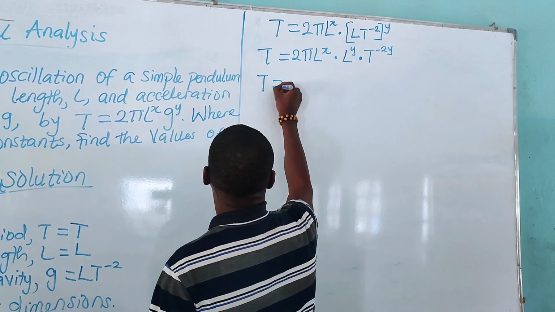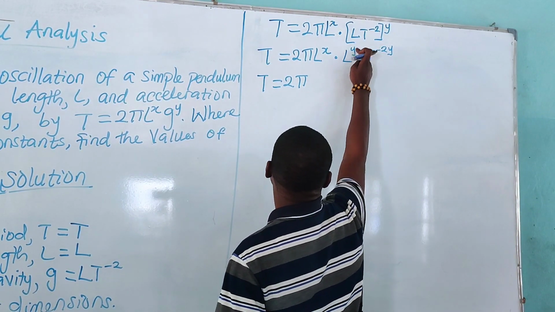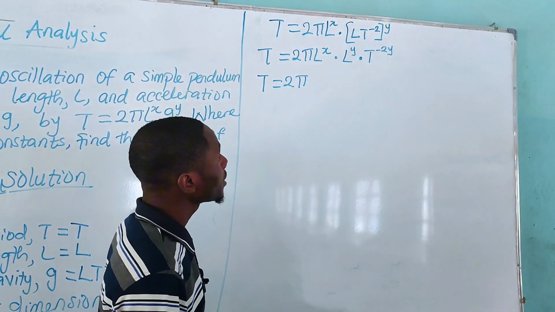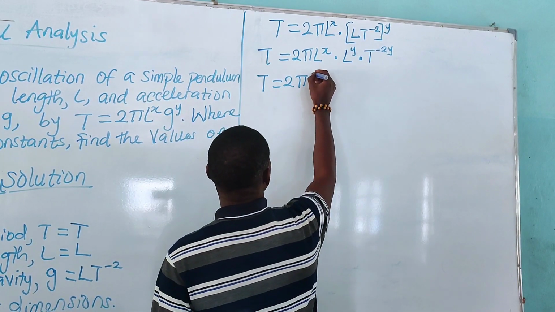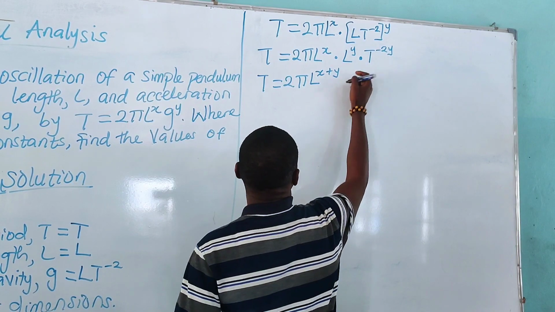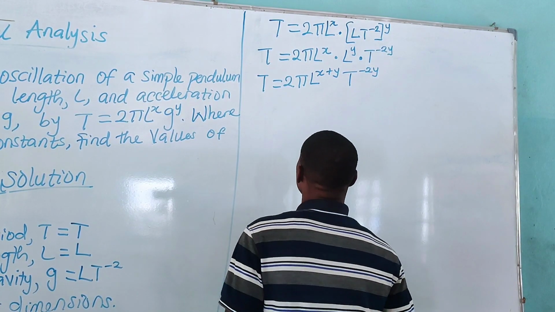So we have T equals 2π, with L^x multiplying L^y. From indices, we write down the base and add the powers. So that will give us 2π L^(x+y), multiplied by T^-2y.